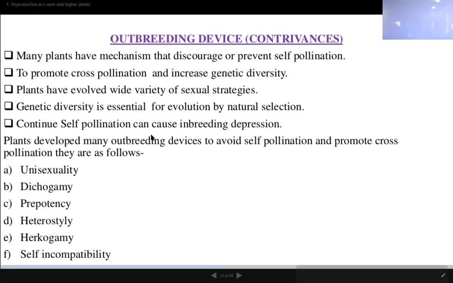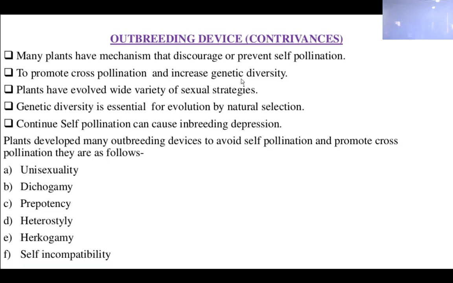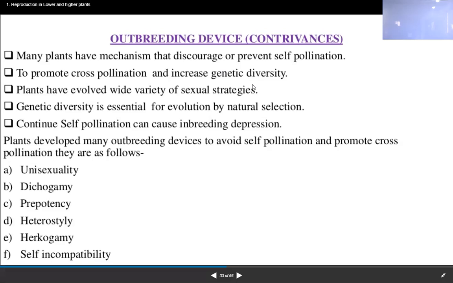What do you mean by genetic diversity? Diversity means variety among living organisms. We are talking about genetic diversity here. To promote cross-pollination and increase genetic diversity, plants have evolved a wide variety of sexual strategies. Genetic diversity is essential for evolution, of course.